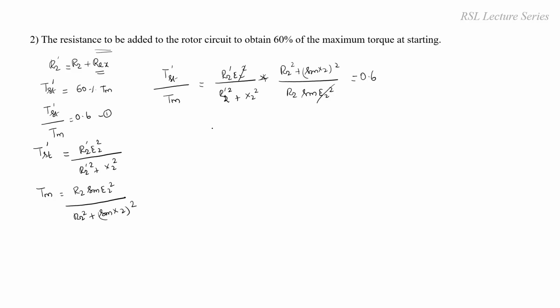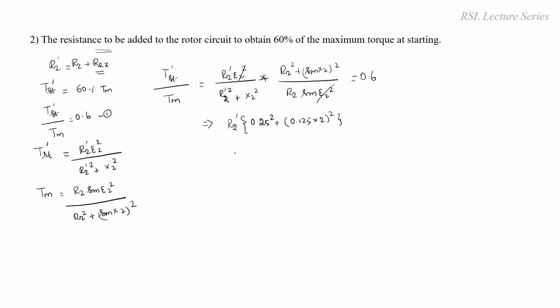Okay. So now we have to find out the resistance value REX. First we'll find out the R2 dash value. Here in the numerator, the R2 dash value is the unknown value, so we'll keep it as such. And here we'll substitute the value of R2, which is 0.25 square plus SM value, already found as 0.125, and X2 value also found to be 2, so whole square.